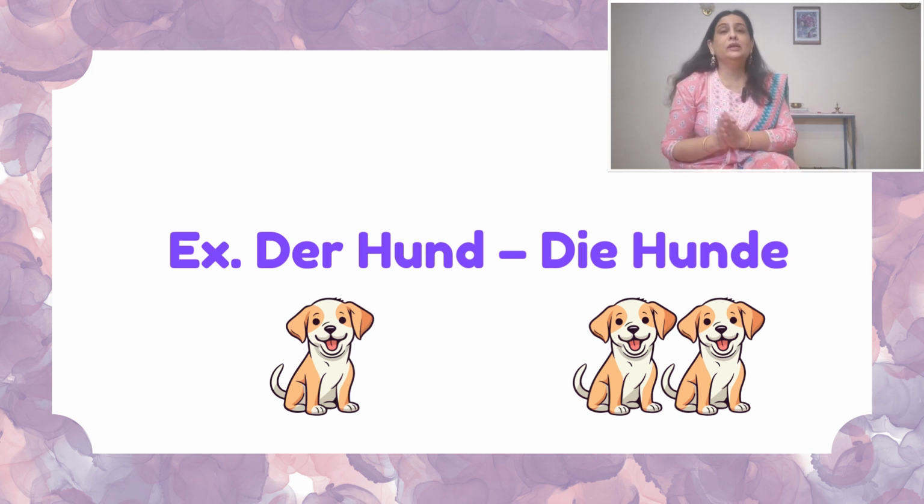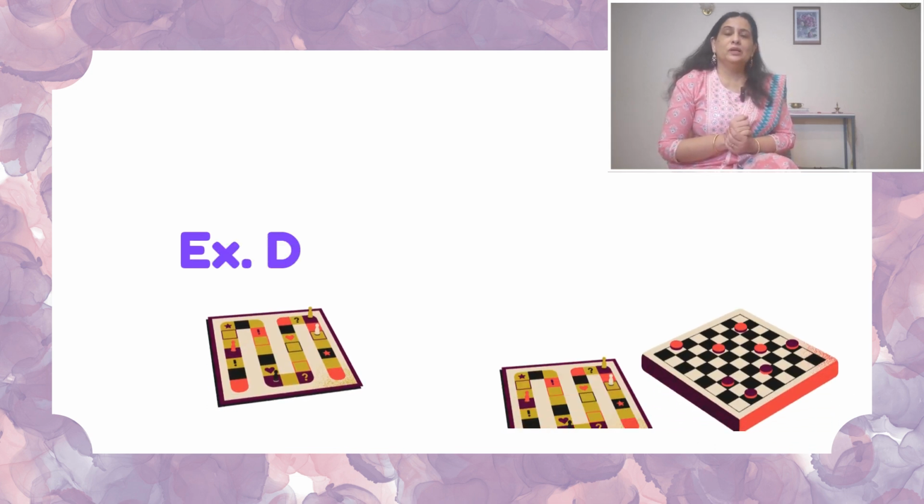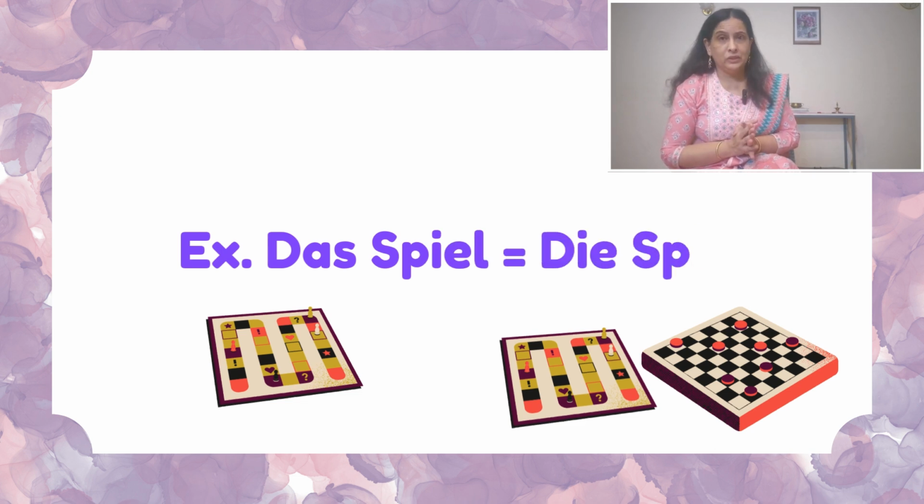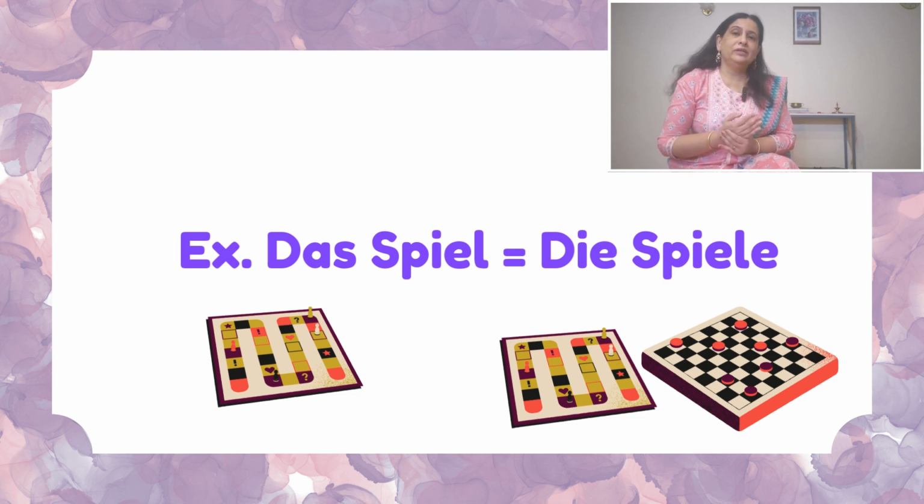Then in neutral nouns, there is a neutral noun called das Spiel. The plural form of this will be die Spiele. What we are doing here is just adding e at the end of the noun. This is one of the most common and basic ways to form plural.